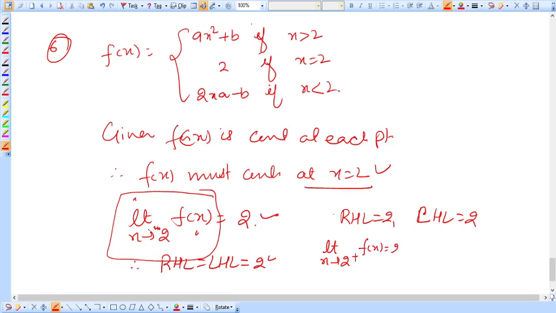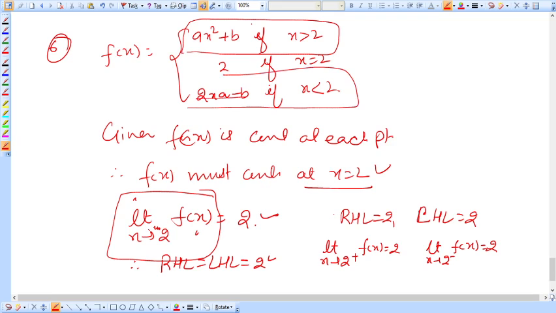So right hand limit कितना आएगा यहाँ पे, limit x tending to 2 from the positive side of f of x is equal to 2, and left hand limit कितना आएगा, limit x tending to 2 from the negative side, okay. So see here, जब राइट हैंड लिमिट की बात आएगी तो ये वाली डेफिनेशन फॉलो होगी, जब लेफ्ट हैंड लिमिट की बात आएगी तो ये वाली डेफिनेशन फॉलो होगी, ओके.